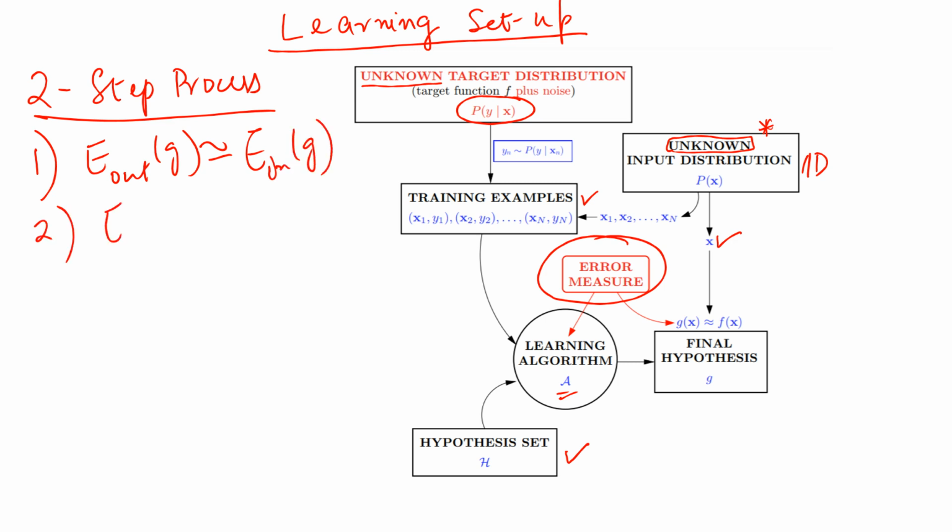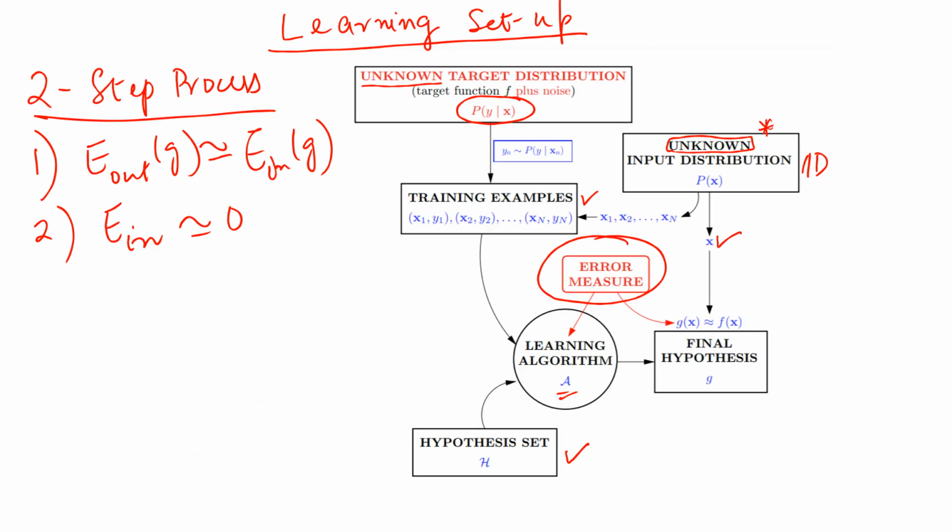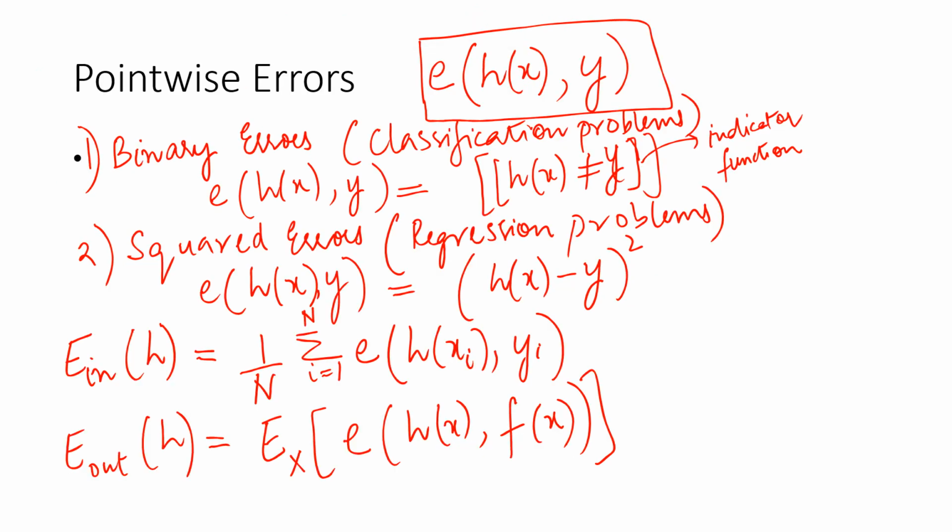And the second one was that my E in is almost equal to 0. Now what's happening is whatever error measure we have decided, let's say this is a classification problem and my error measure is the binary classification error, whatever that is. Based on that, I'm going to try to get E in almost equal to 0, because E in definitely depends on my pointwise error, right?